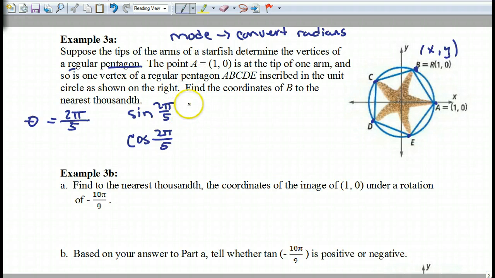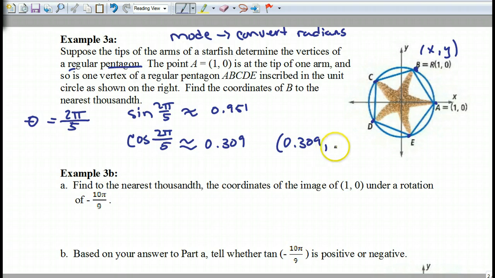Put this into your calculator and you're going to end up with about 0.951 for sine and about 0.309 for cosine. So the coordinates of this point are 0.309, that's the x value, 0.951 for the y value.